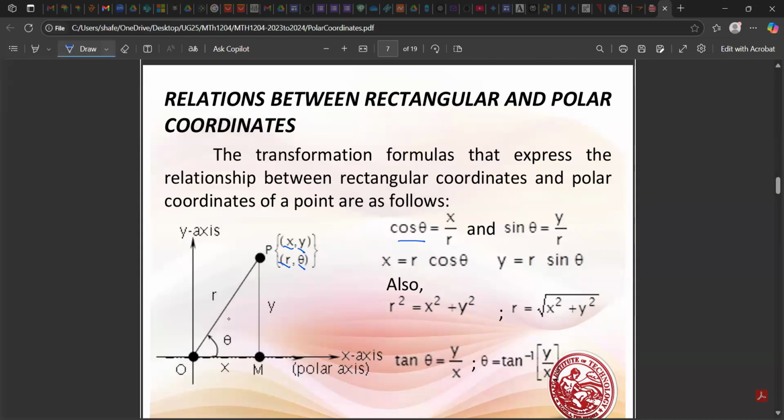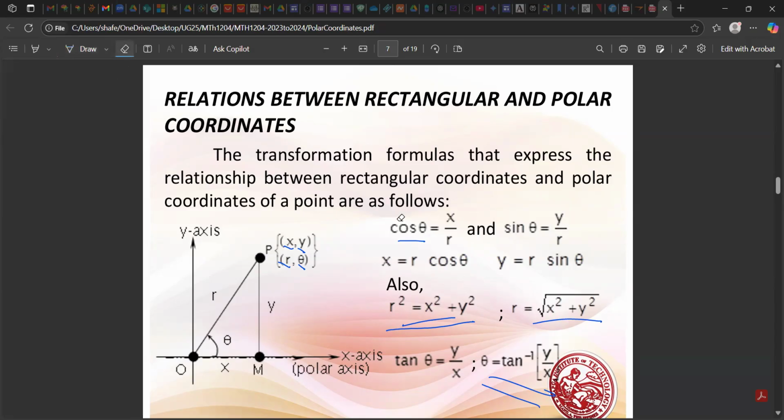You use the Pythagorean identity, you square both sides, and you end up with this formula: r squared equals x squared plus y squared. You can make r the subject, not r squared, it's up to you. And then the angle is going to be tan inverse of y over x. You see the relationship there, how to convert one to the other.